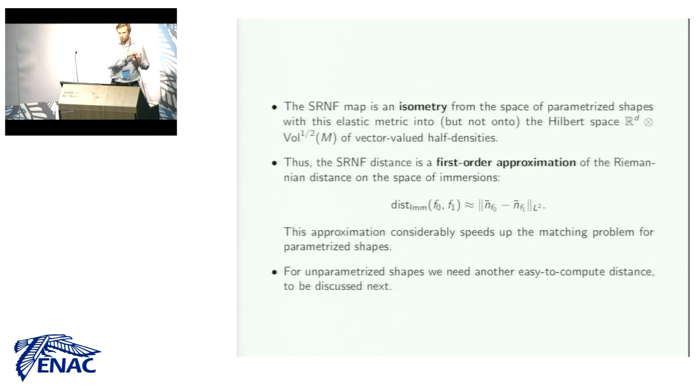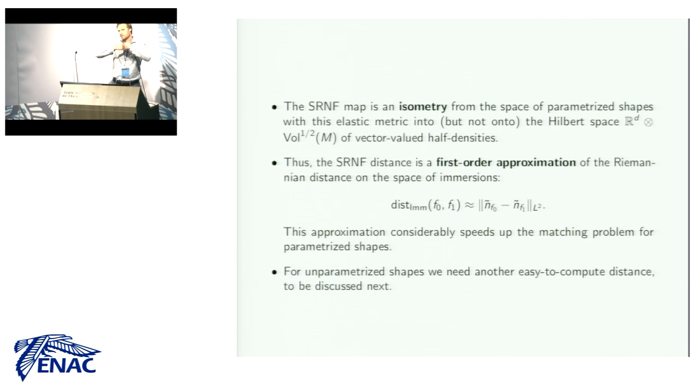I calculate the square root normal field of the surface f1, the square root normal field of the surface f2, compute the L2 distance between these vector valued half densities, and that's it. That gives me a first order approximation of the distance. So this is great news, because this allows me to very efficiently compute, at least approximately, these distances on the space of parameterized shapes.